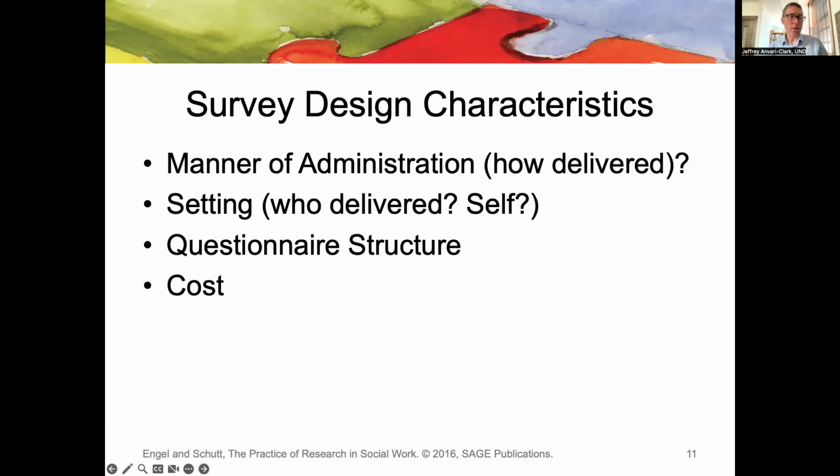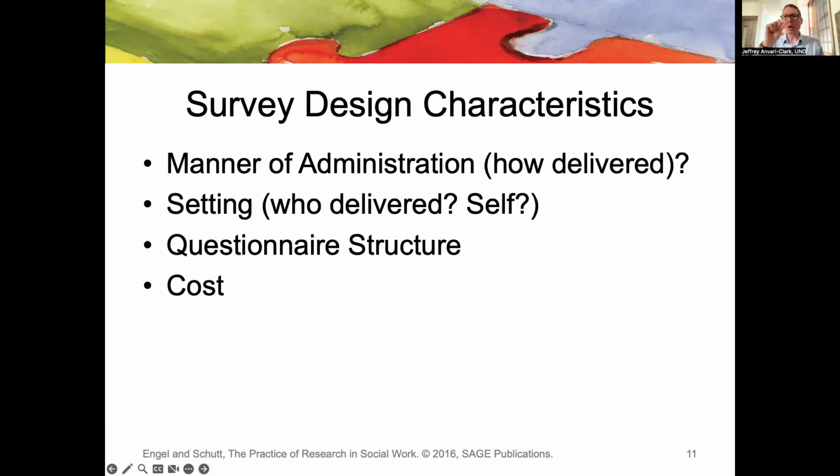The structure is also very important. As I mentioned earlier, are there lots of open-ended questions? Is there an interview guide so that the person who's administering it knows some background information of how to do it? Is it presented in one long sheet, or is it one question, then another question, then another question?